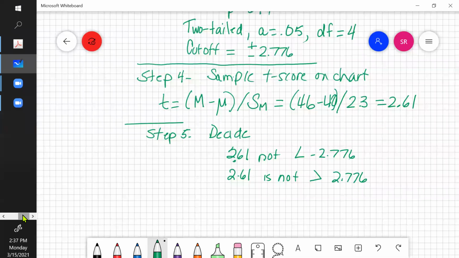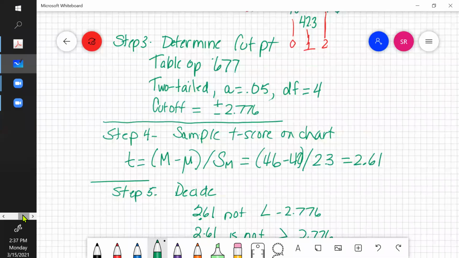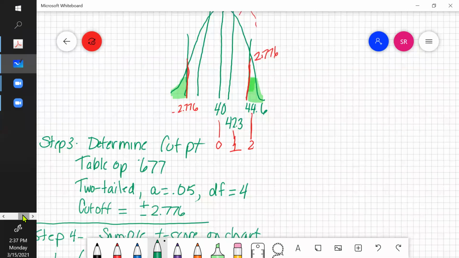And so in this case, we fail to reject H0. We fail to reject H0 because our value of 2.6 fell right about here.